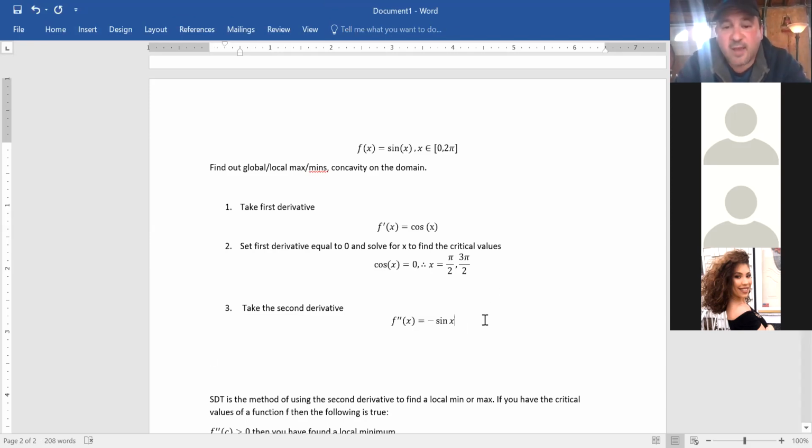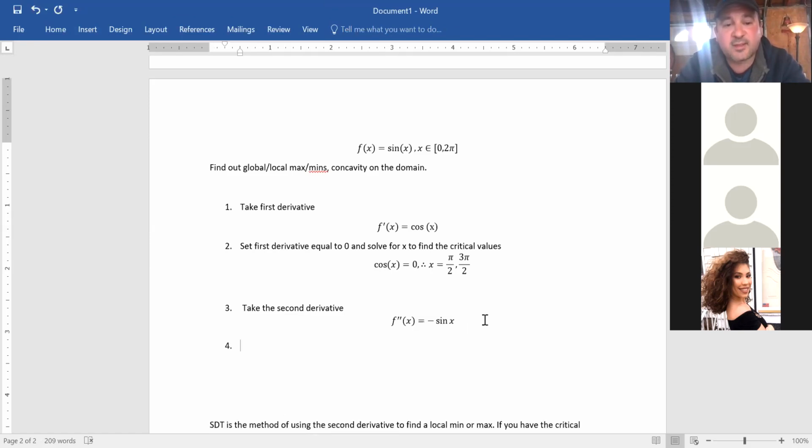So to do concavity, we set the second derivative, a similar process to the first. Set the second derivative equal to 0 and find possible points of inflection.